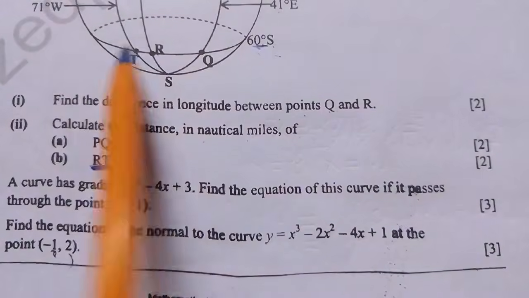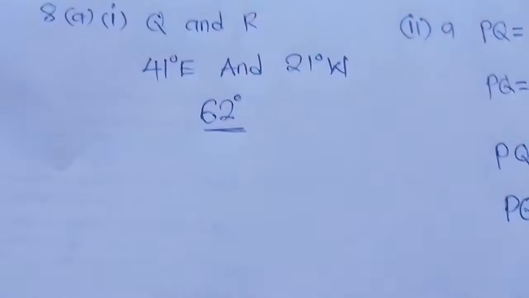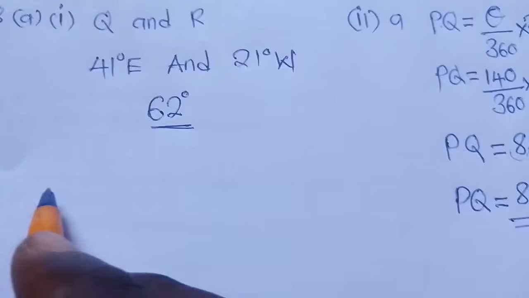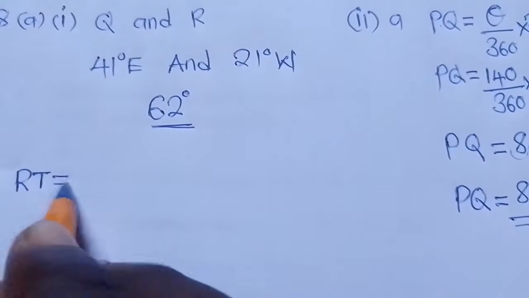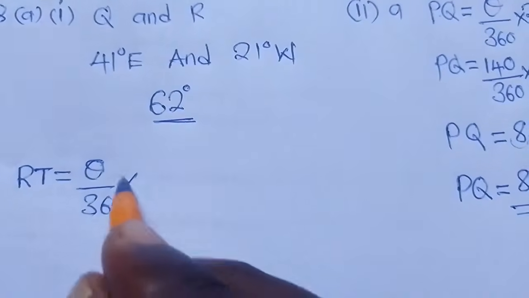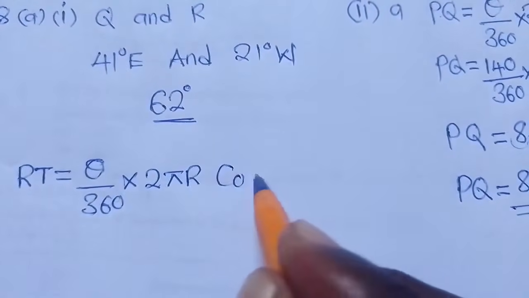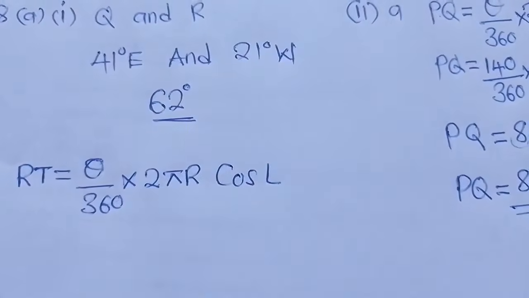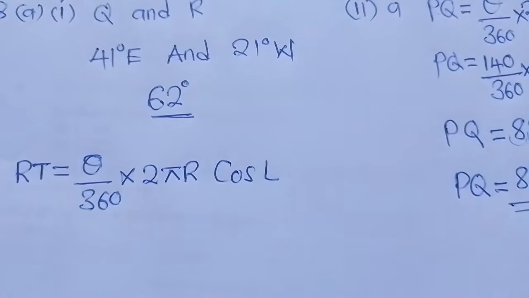There is also a specific formula that we get to use. So that is RT. Which formula do we use? We say theta over 360 times 2 pi r cos L, where L is the latitude in which it is.